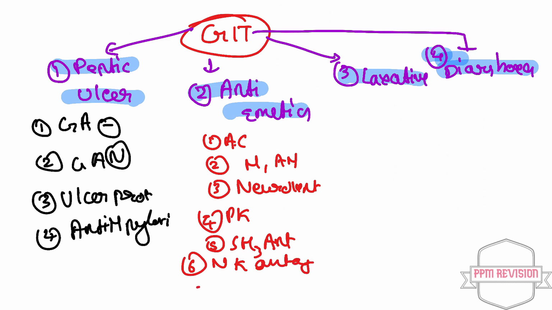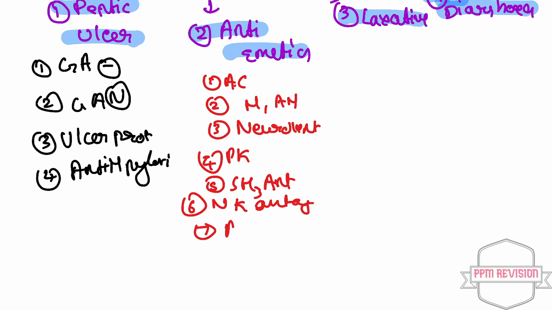Then we also saw the adjuvant antiemetics. Okay, repeating it, we've seen the anticholinergics, H1 antihistaminics, neuroleptics, prokinetic agents, 5-HT3 antagonist, then NK antagonist, as well as adjuvant antiemetics.